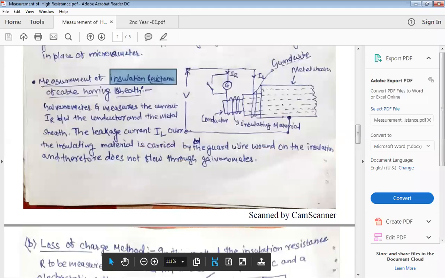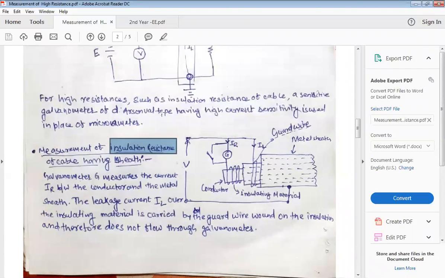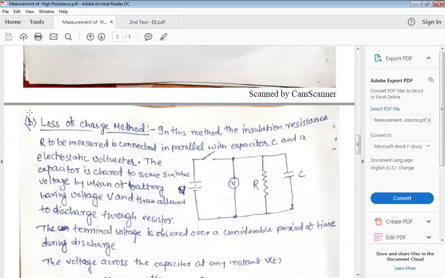In this way you can avoid leakage current using the guard circuit, and you can measure the value of resistance, that means voltage by current, using the direct deflection method.